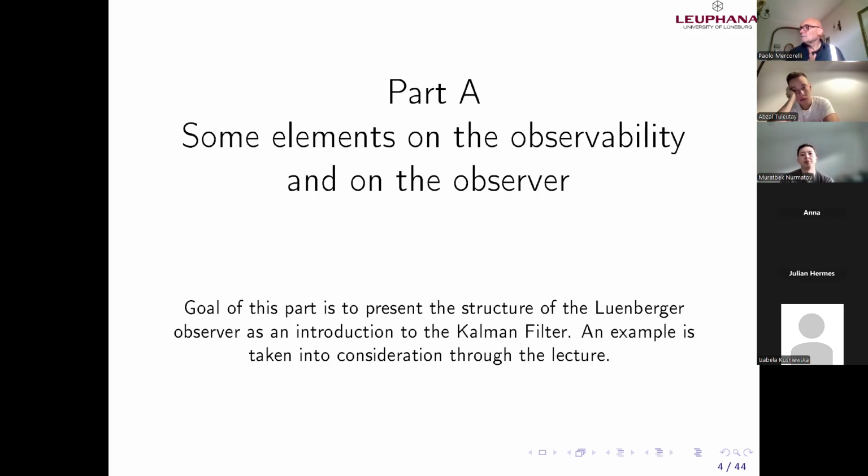Now, observability and observer. I have a system, a real system, a bank system. The bank system can be characterized by two elements which we call states, liability and assets. This is a possible representation, but not the unique one.